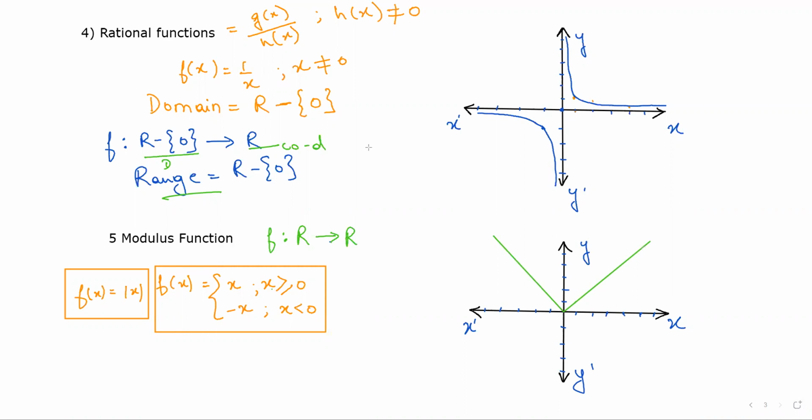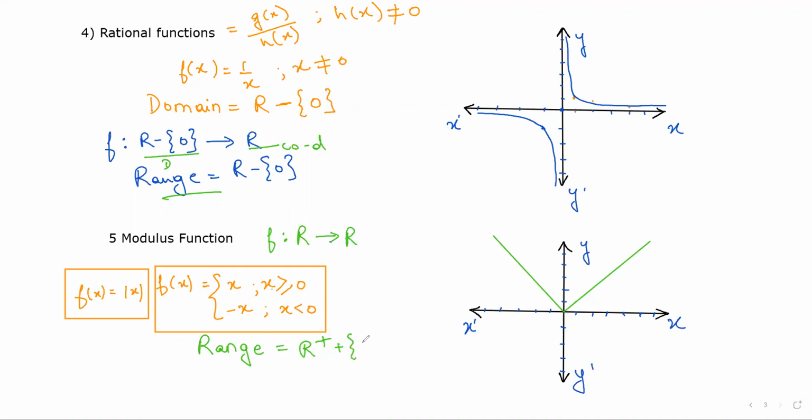Let's understand the domain and let's understand the range. For any value of x, positive or negative, your y value is always positive. So here also, like the parabolic function, your range will be equal to R plus, or positive values of R. You can also say that your range will always be non-negative, because by calling it positive, you're excluding the fact that the range can also be 0.